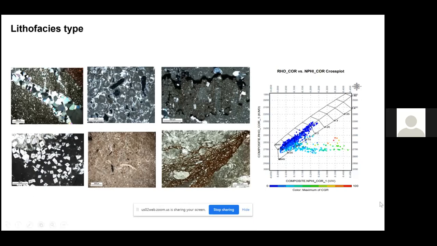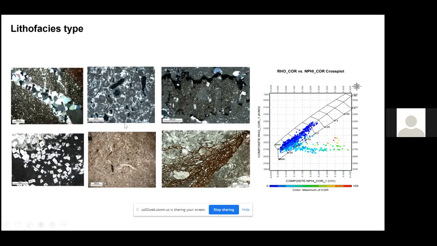The main lithology of this formation is limestone, and you can see in this density versus neutron plot that this line shows it includes limestone, a little bit of dolomite, with some limeshale, and you can see here some photos of thin sections.